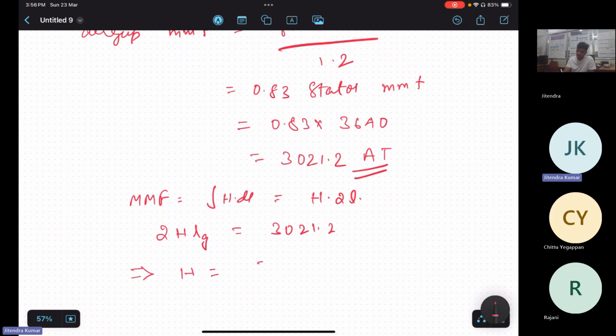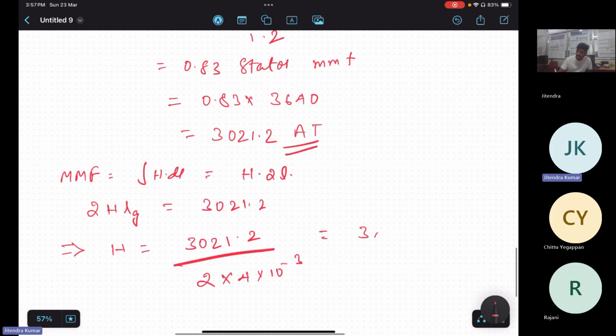So H will be equal to 3021.2 divided by 2 into 4 mm, which is 377,650 ampere per meter.